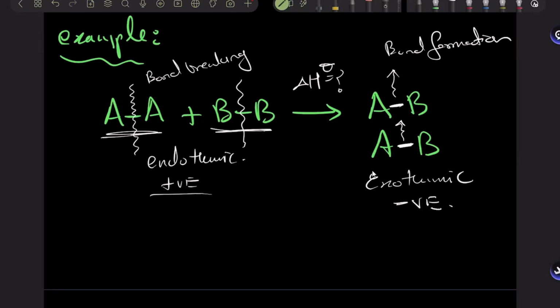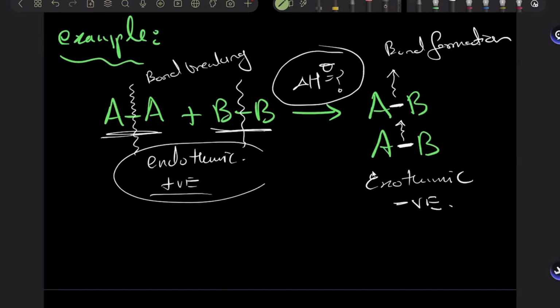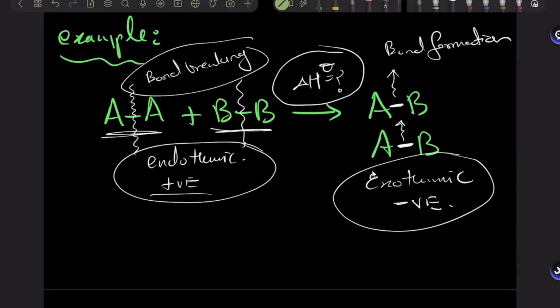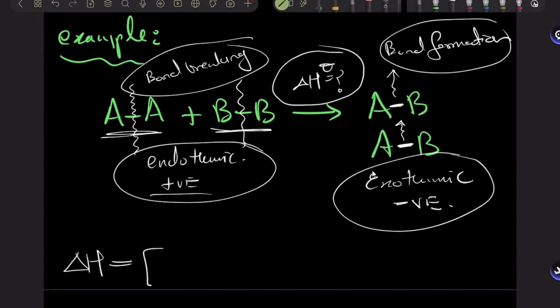So in order to find what the enthalpy change of the reaction is, what will you do? You'll find the difference in these energies, right? You'll find the difference in both of these energies. How much energy was used in bond breaking and how much energy was released in bond formation. So delta H would be the difference between breaking the bonds plus formation of bonds.